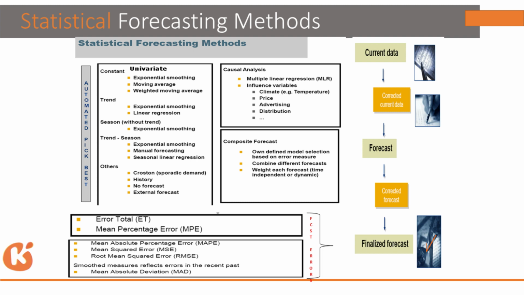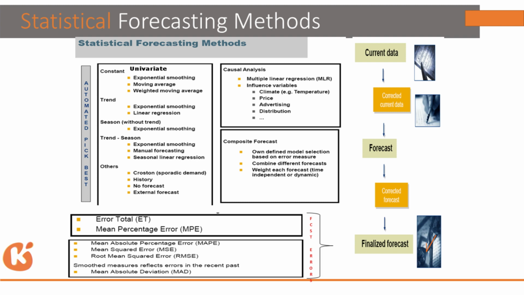Say we have 1,000 products and we have to generate a forecast for all of them. You cannot expect all 1,000 products to sell in the same pattern. Normally some products sell constantly every month, 10, 10, 10. Some products sell with up and down trends. Some are based on seasonality. Some are a combination of trend and seasonality. Whatever the possibilities are in the sales, SAP provided all the options.